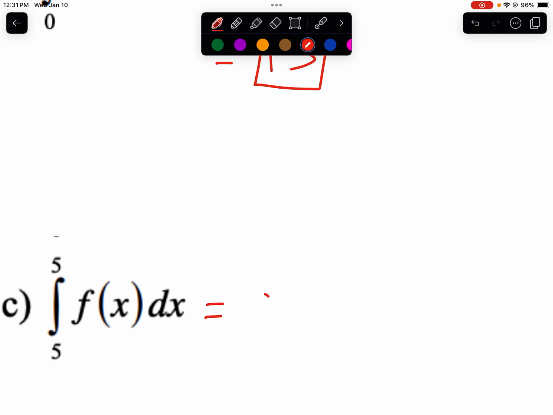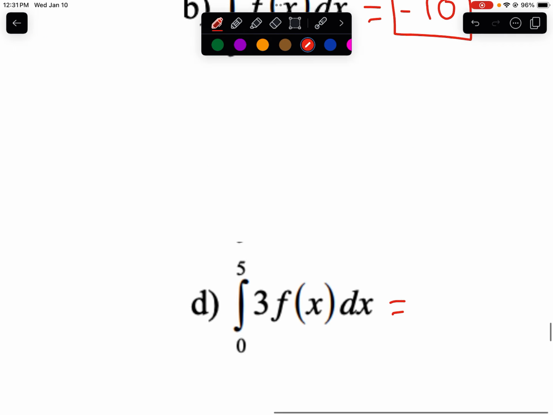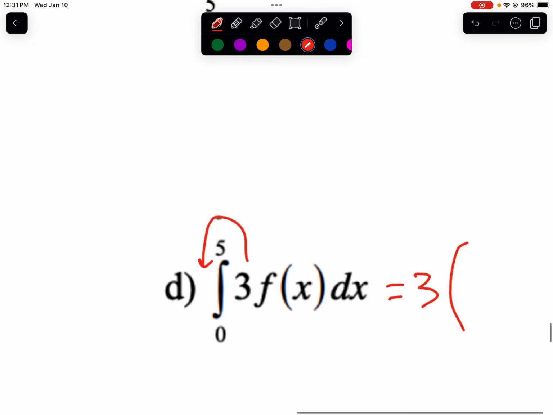Well, the lower limit and upper limit are the same, and so we are not accumulating anything there. Finally, letter D, the integral from 0 to 5 of 3 f of x dx. That's a constant multiple that we can bring out in front here. So just take 3 times the definite integral from 0 to 5 of f of x dx, which was 10, giving us a final answer of 30.